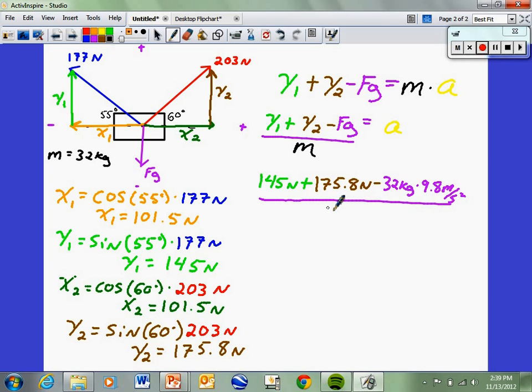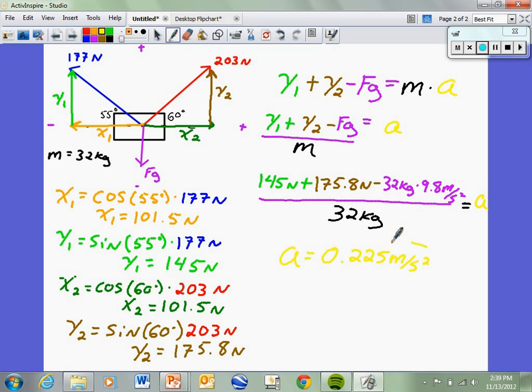All this is divided by the mass, which is 32 kilograms. And that will give me acceleration. When I plug all that into my calculator, I find that the acceleration is 0.225 meters per second squared. And that is in the upward direction.